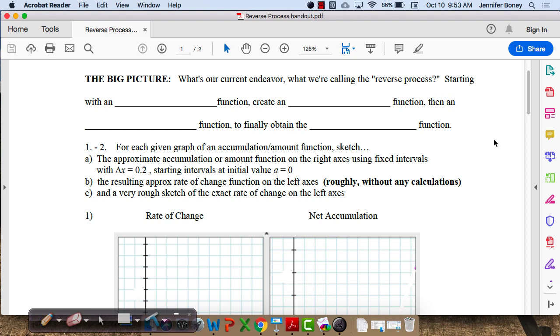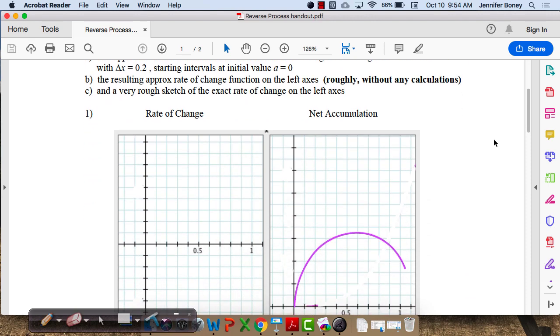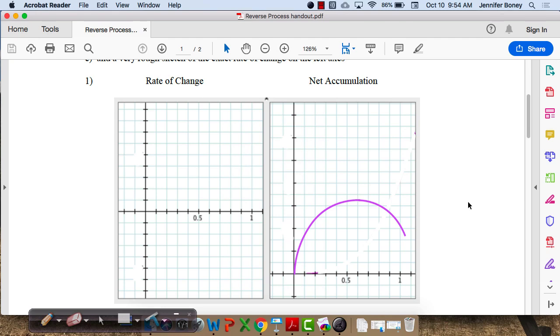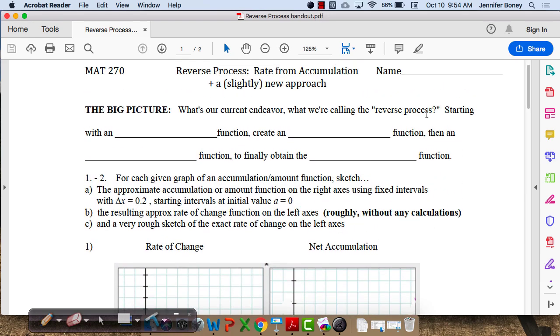But right now, we're starting from a different sort of function. What's the thing that we're starting from that you have pictured here to begin with? How would you describe this, not the shape of that curve, but what sort of thing this is? Hint, there's some words up there. We're starting from an accumulation function.